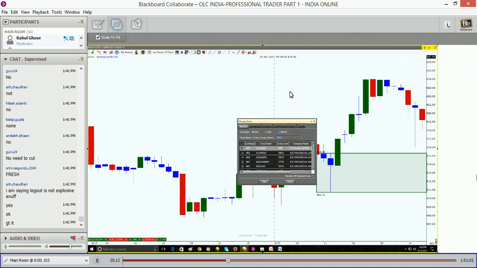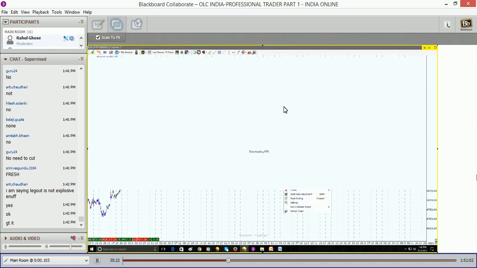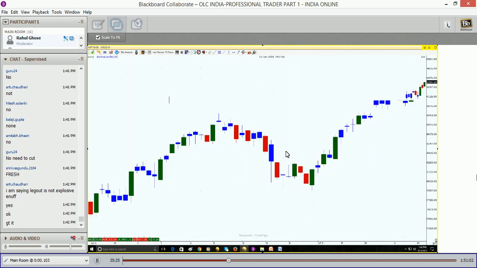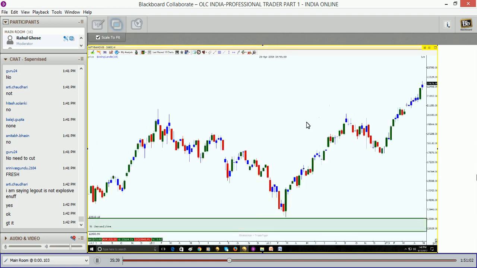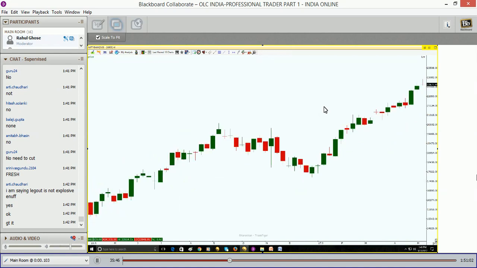Now, let's look at another example. Let's look at Nifty. Now in Nifty or Nifty Bank, let's see. Now I want to mark a demand zone on the Nifty weekly chart, friends.